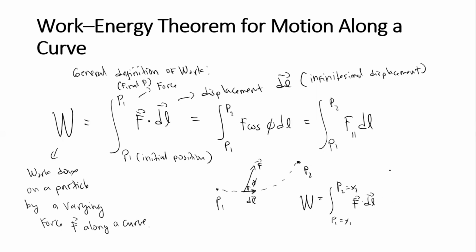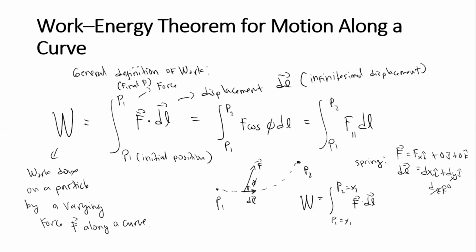For the spring, our force is just equal to F of X i hat plus 0 j hat plus 0 k hat, and our dl, in a straight line, is equal to dx i hat plus dy j hat plus dz k hat.